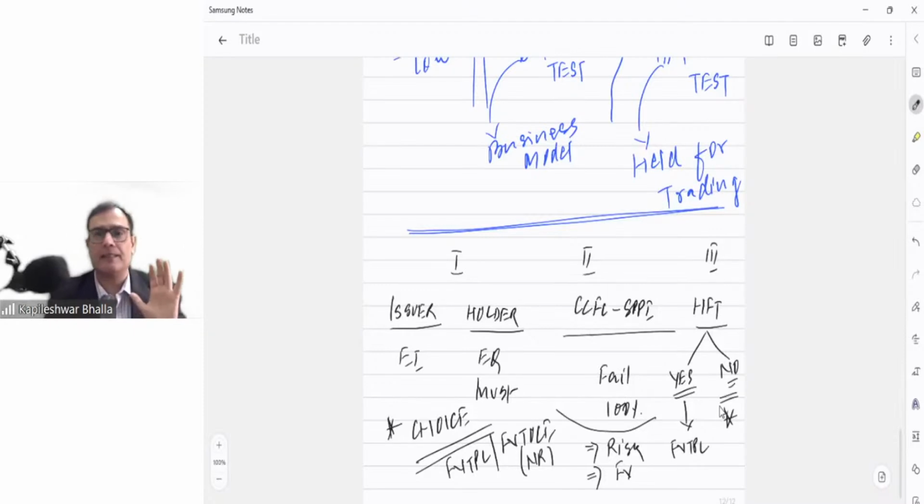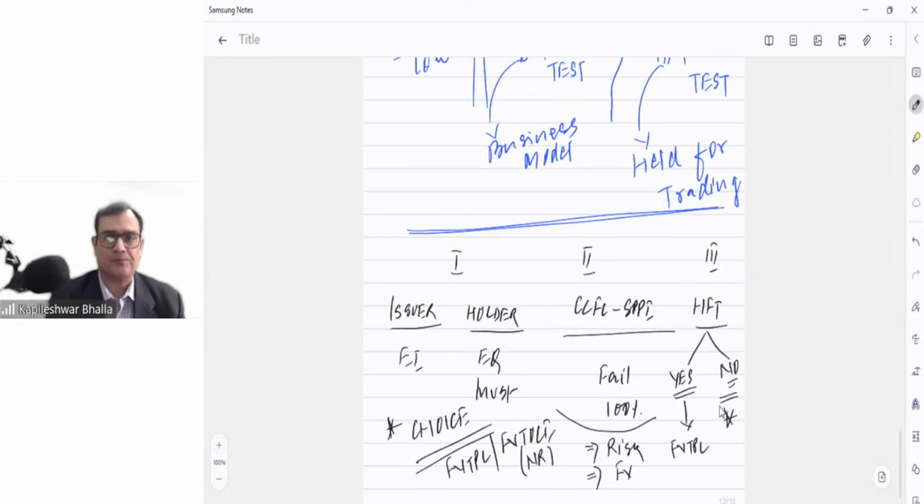Now, let me say this. If there is an equity instrument, from the point of view of the issuer, does he have a contractual obligation to pay the principal and the interest? No. So as a holder, do you have the contractual rights to receive the principal and interest? No. So are your contractual cash flows as a holder comprising of the principal and the interest on that principal?